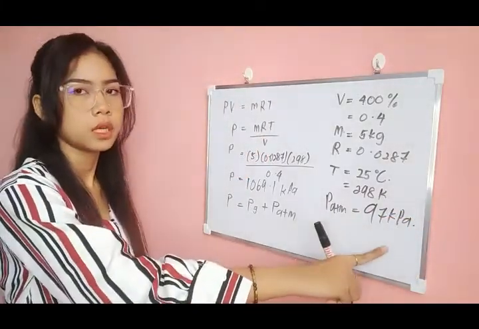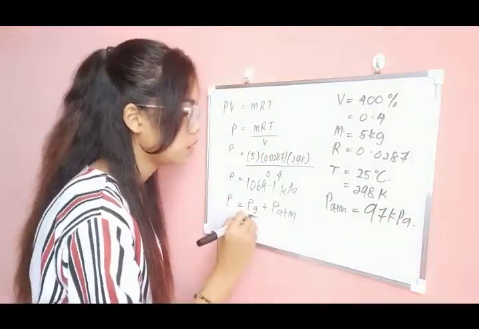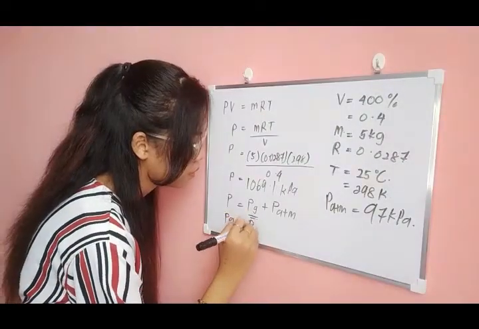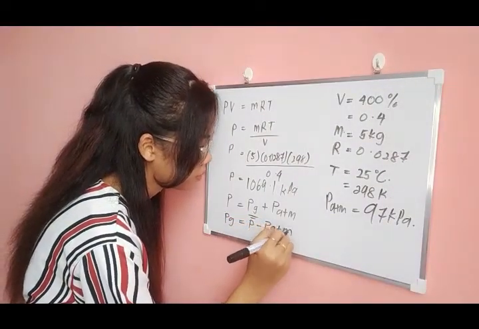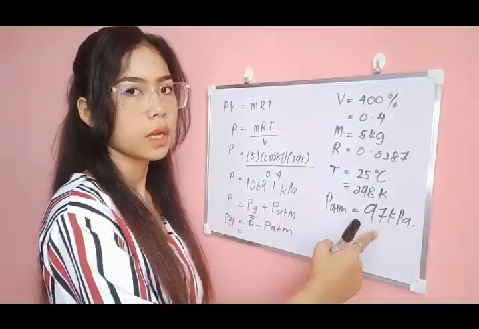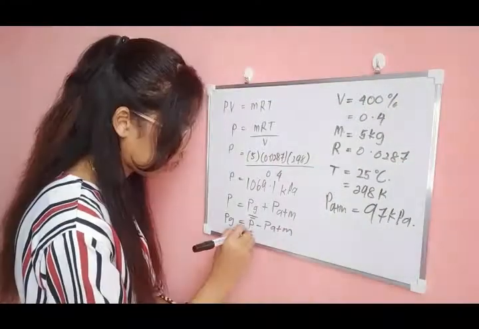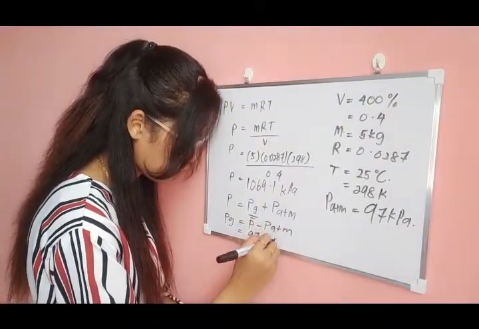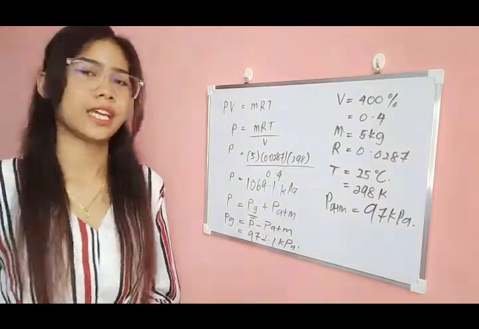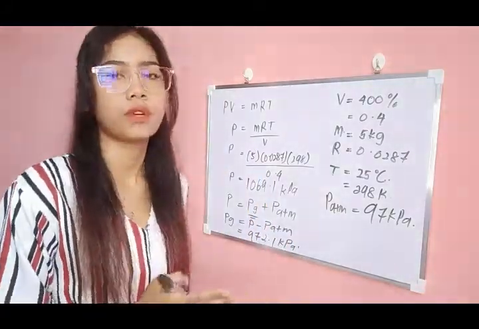So from here we can get Pg. Pg equals P minus PATM, this one subtract by this one, so we will get 972.1 kilopascal. Okay, this is the solution for the first question.